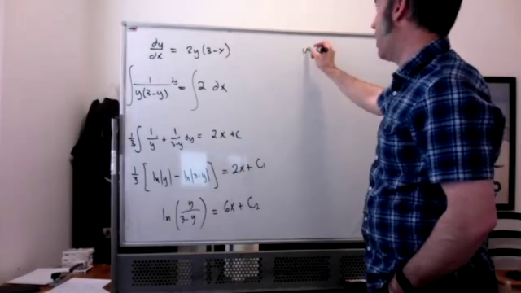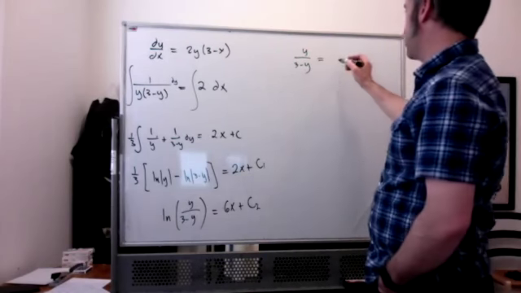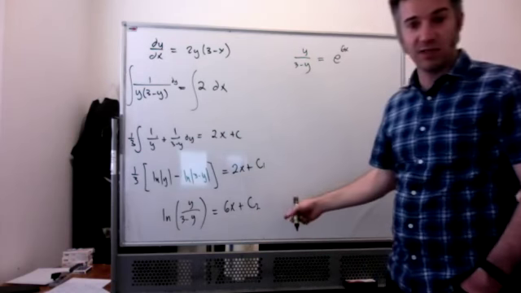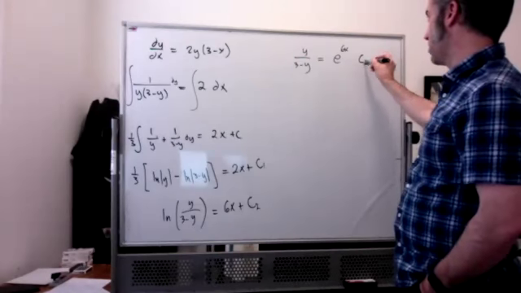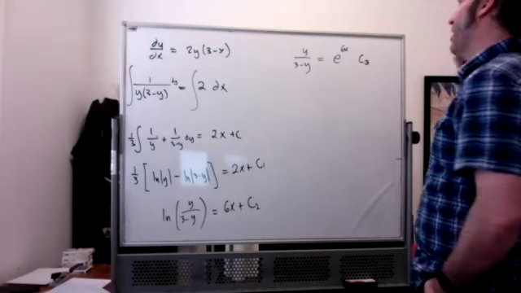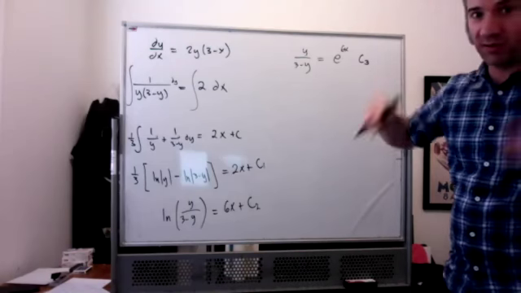So I'm going to get y over 3 minus y equal to e to the all this. It's going to be e to the 6x times e to the c2, which I'm just going to call c3. Okay. Anyway, so then really what we're going to do is we're just going to flip both sides over.